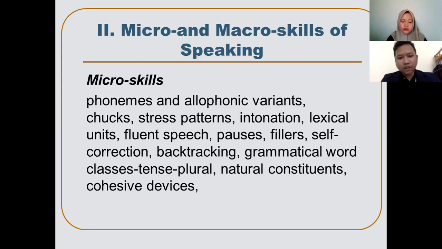And lexical units, we also focus on that. And fluency of speech, pauses, fillers and self-correction, backtracking, grammatical word classes, tense, or singular and plural, and also cohesive devices. These fields are under the umbrella of micro skill.